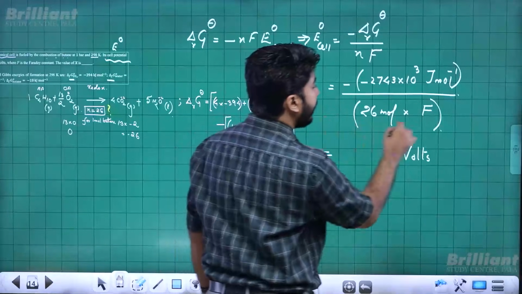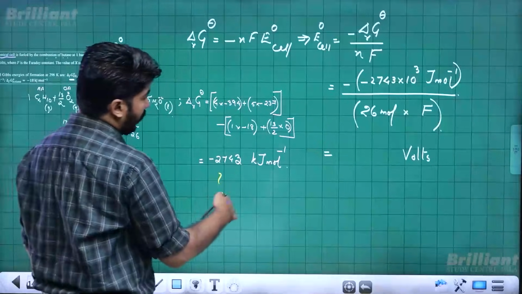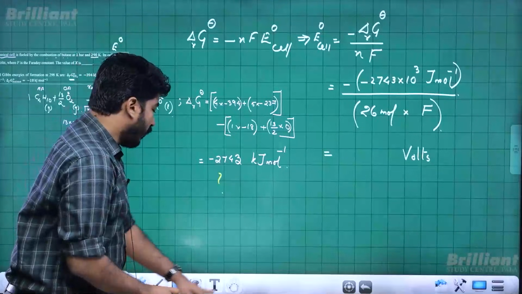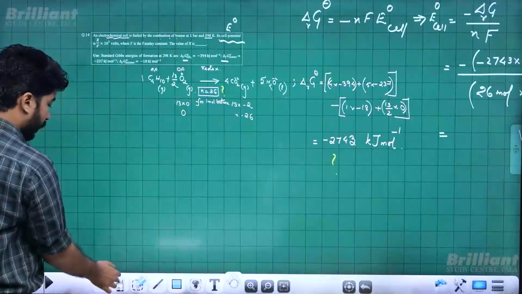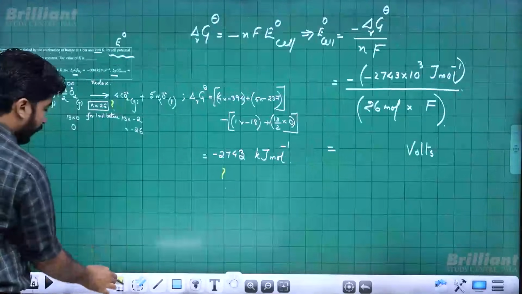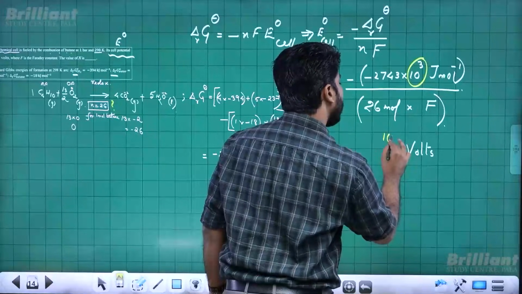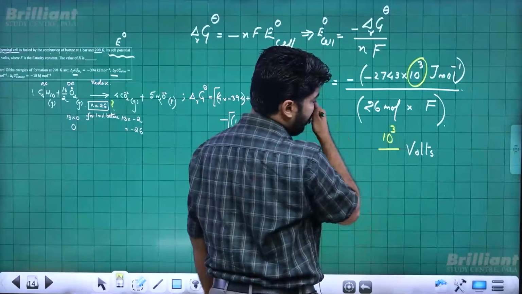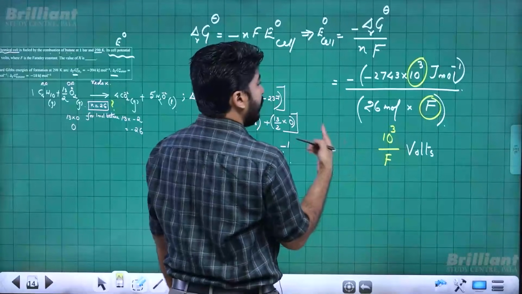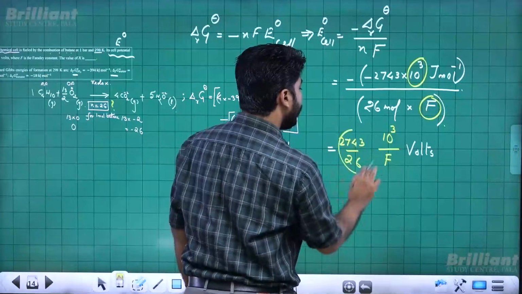If we take Faraday in coulomb per mole, we will get the answer in volts. We need to express the answer in the form of some x divided by F into 10 raised to 3. So this 10 raised to 3 we can preserve in the numerator, and this F we can preserve in the denominator. So finally our answer is going to be 2743 divided by 26. So this is the value of x.